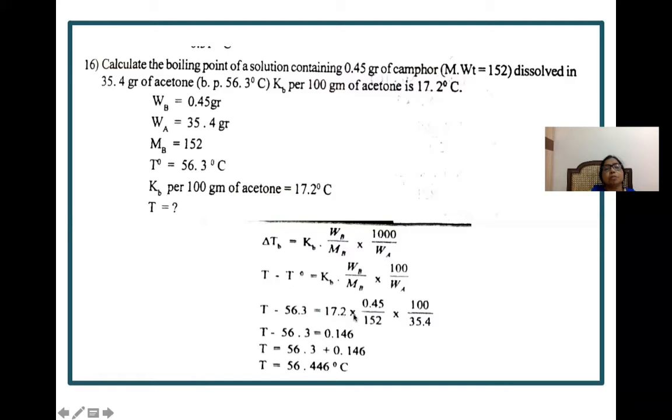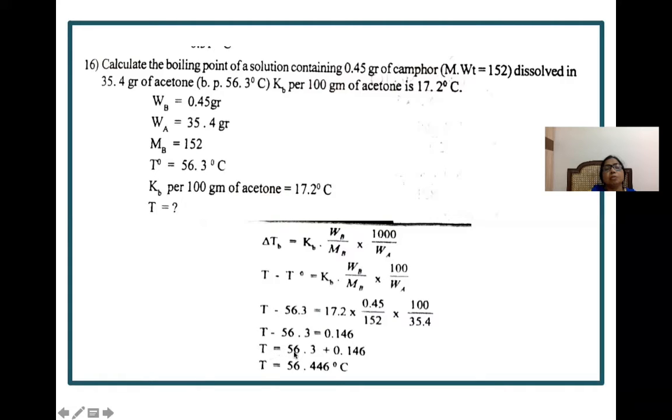So 17.2 into the weight of the solute 0.45 divided by 152 into 100 by 35.4, the weight of the solvent. Substituting all these values, after doing the calculation we get T minus 56.3 is equal to 0.146.